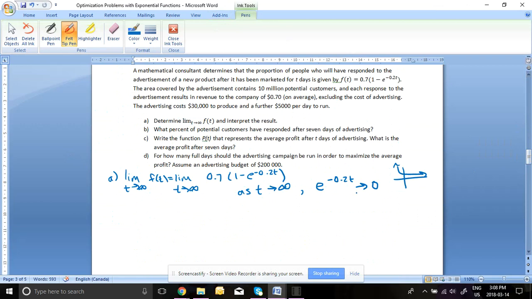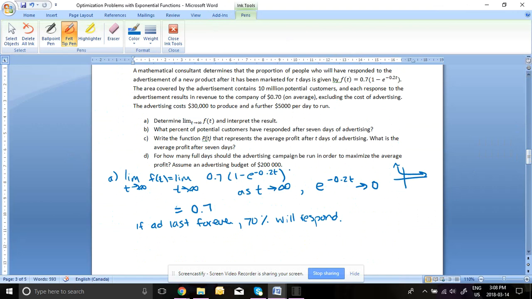Okay, so therefore this will go to 0, and the limit will approach 0.7. Okay, so that means if the ad lasts forever, then we can assume based on this that 70% will respond, or 7 million people.